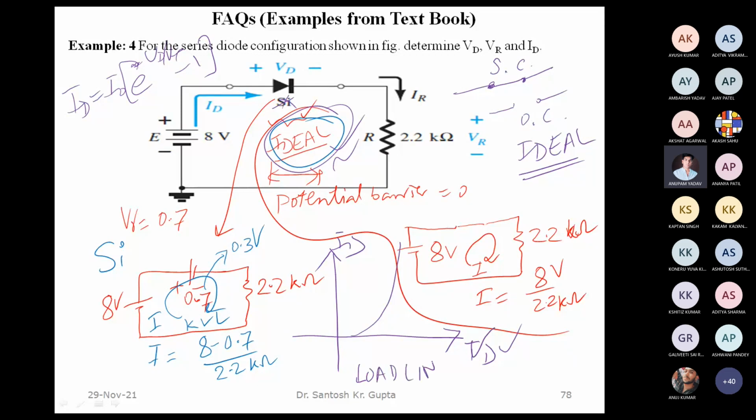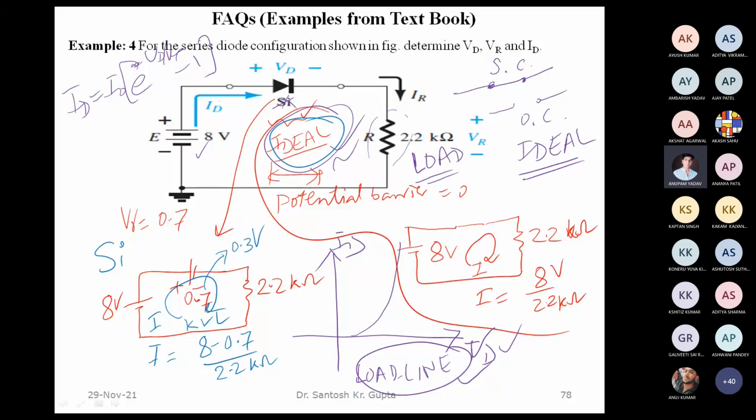We shall look at this later on, and nowadays it is not that important because we generally solve the problems using equations. The load line shows the supply voltage and this resistance, which is nothing but acting as a load here.